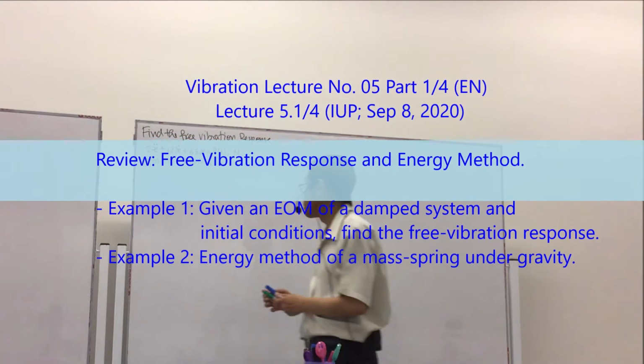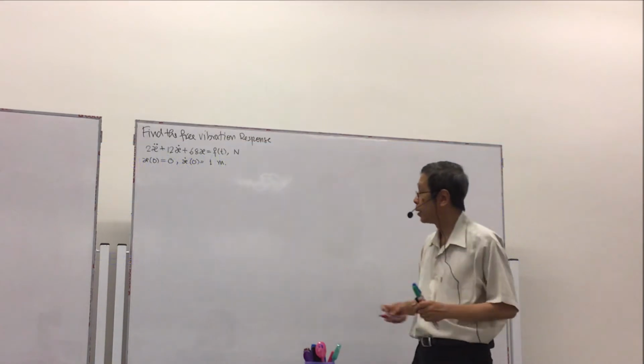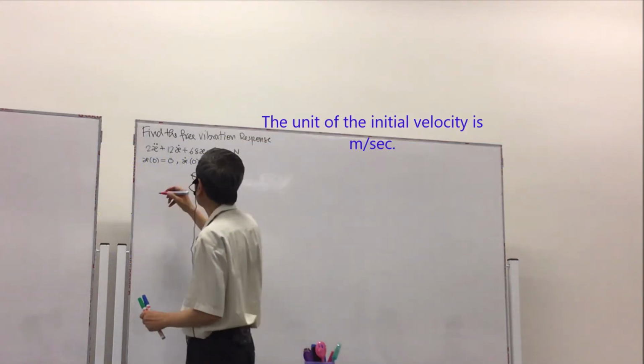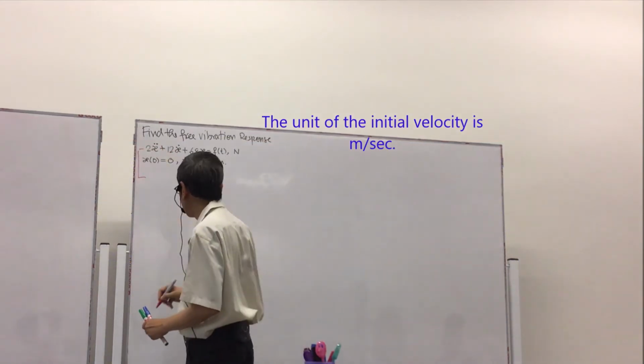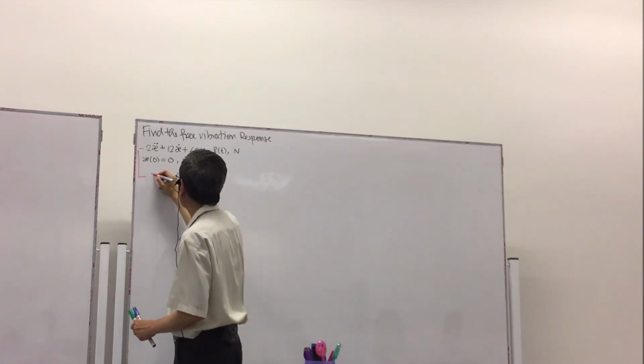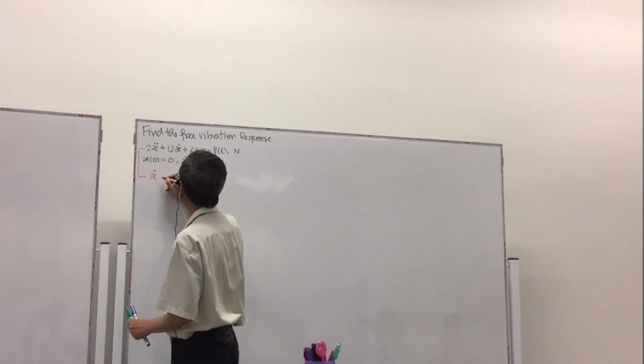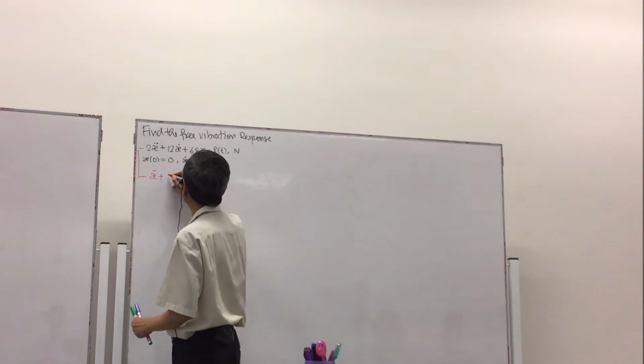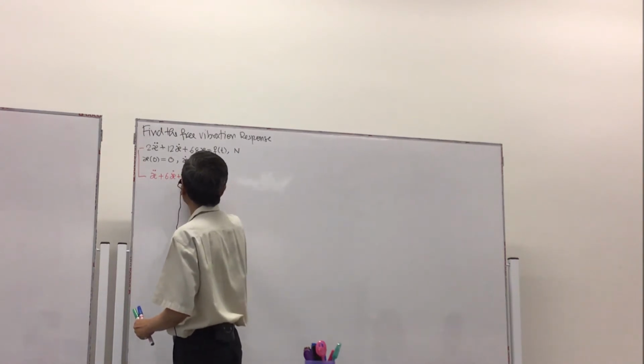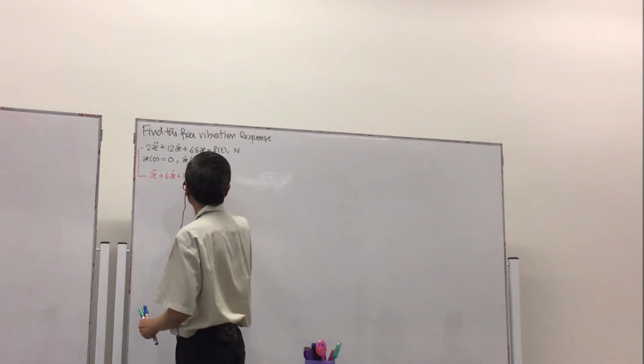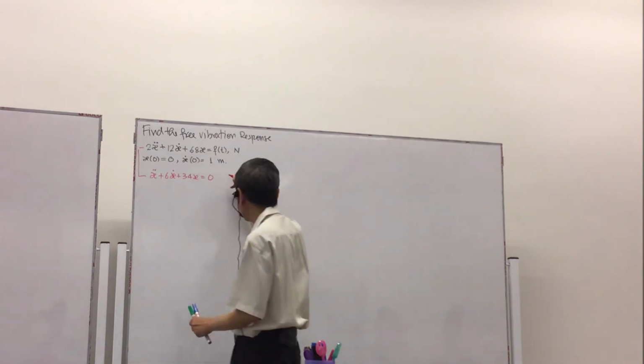Let's solve this problem. Find the free vibration response, which means that from this problem we can start by dividing by 2. So we have x double dot plus 6x dot plus 34x equal to 0.